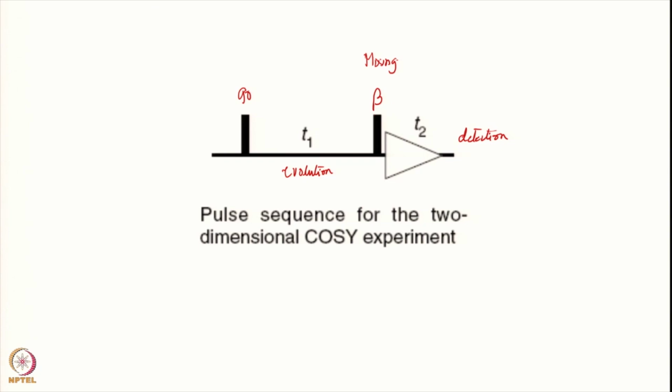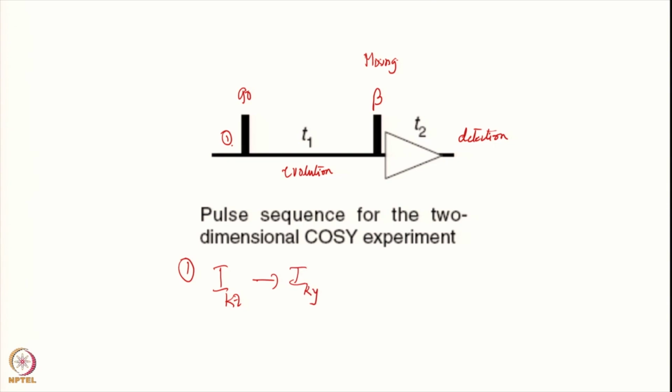For example, let us say I start with the K spin Z magnetization to begin with, at this point 1. When I apply the 90-degree pulse, I will generate, let us say, the Y magnetization, because the 90-degree pulse rotates the Z magnetization into the transverse plane.